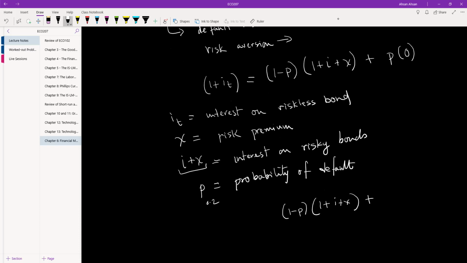And there is a P, or a 20% probability, that there will be a default and you will earn nothing. And this is going to be equal to the riskless bond.